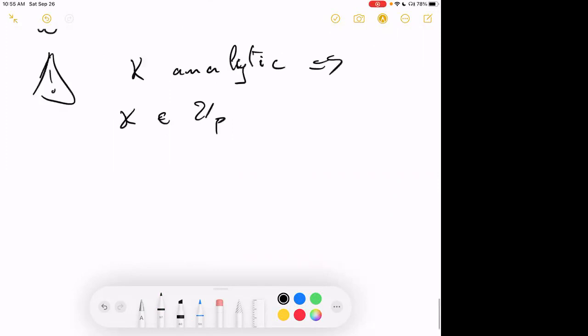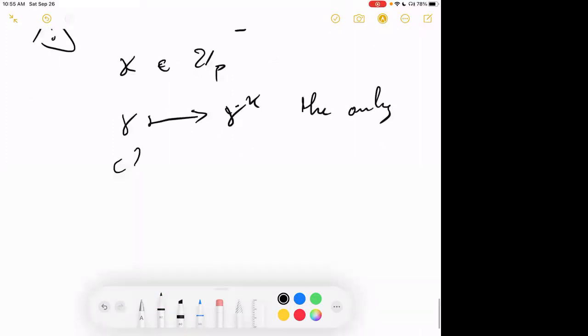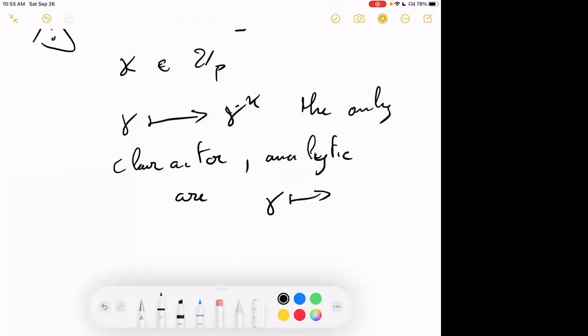As before, we had the character that was sending gamma into gamma to the k. The only characters which are analytic on A_pi star are gamma goes to gamma to the s with s in Z_p.